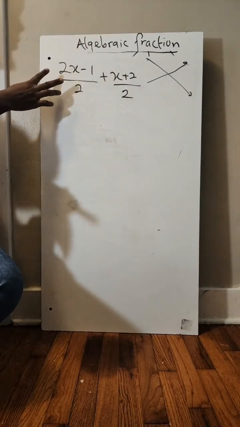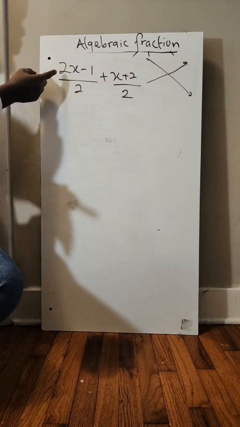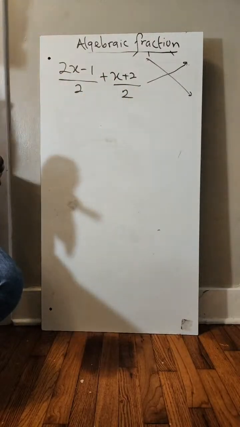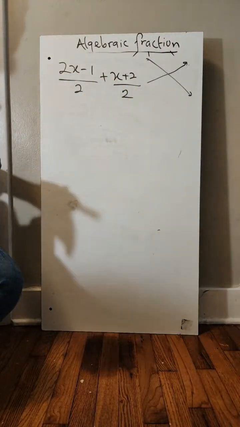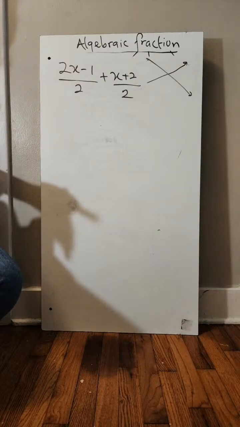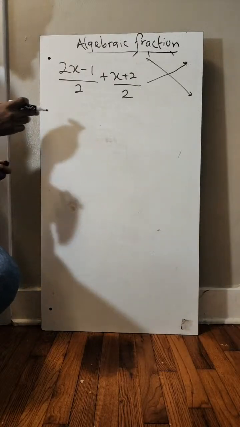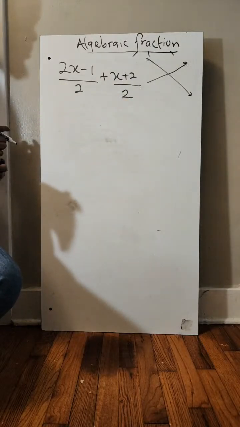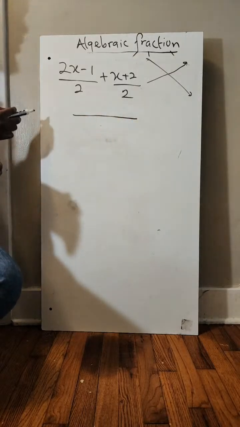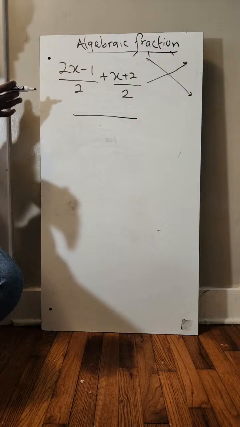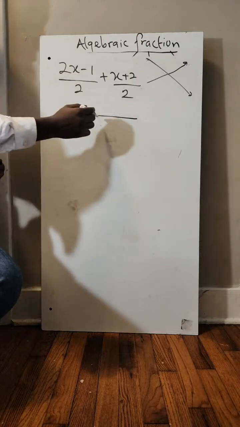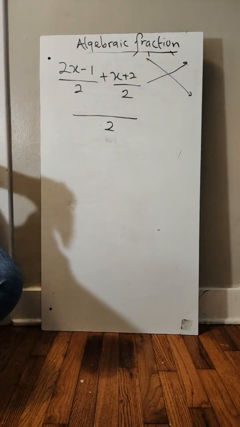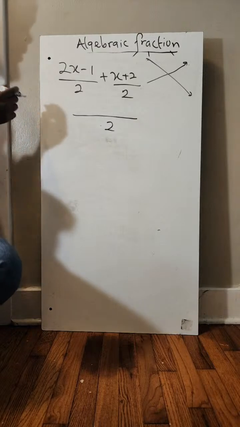This is now like a compound problem, because we're having 2x minus 1 over 2 plus x plus 2 over 2. How do we go with this problem? It's just the same approach like I explained earlier. Here we have the same denominator. Like I told you, if you have the same denominator, you just repeat the denominator, which is 2.